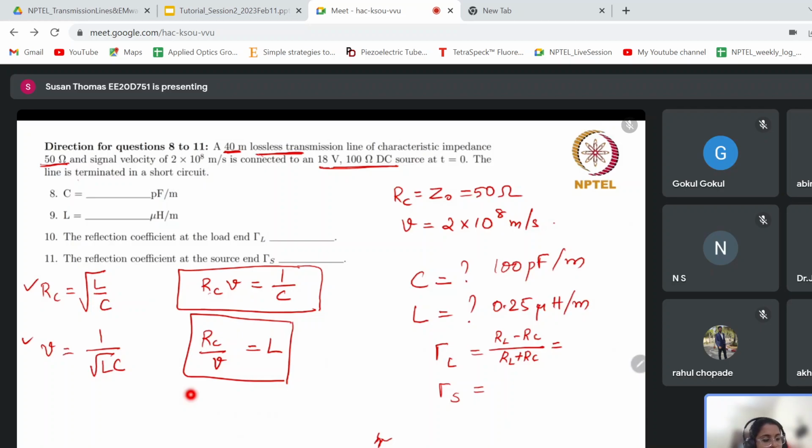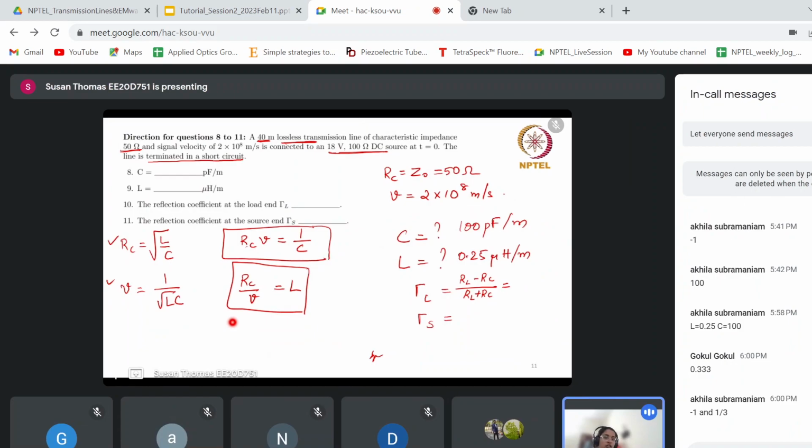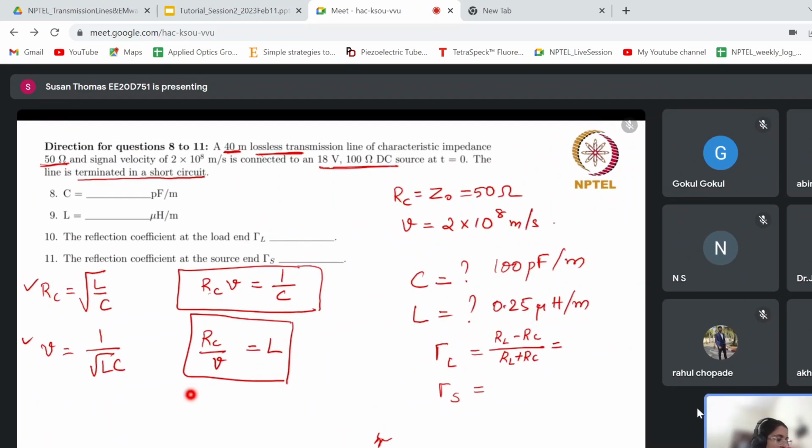And I hope you have noticed this short circuit thing. Yes, Gokul and Akila, you are right. So gamma L is -1 and gamma S is 1 by 3.